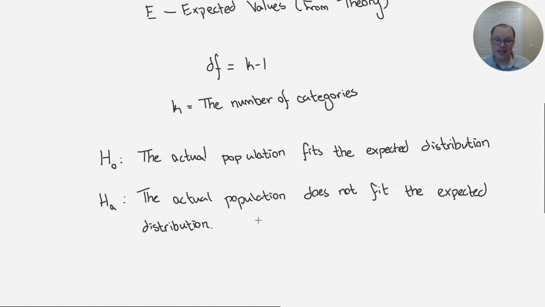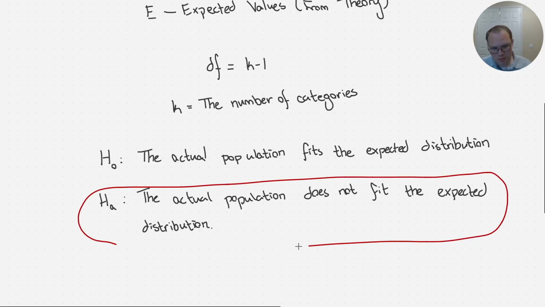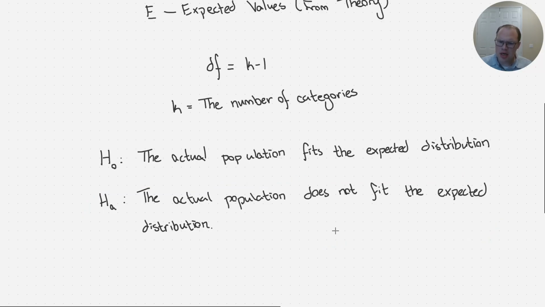Another way to say that is that the die is fair. The alternative hypothesis would be that some of those sides come up more often than others, or the die is not fair.